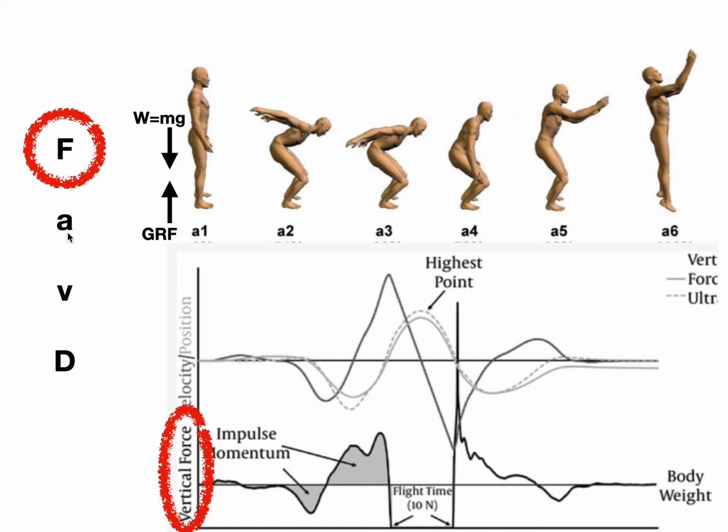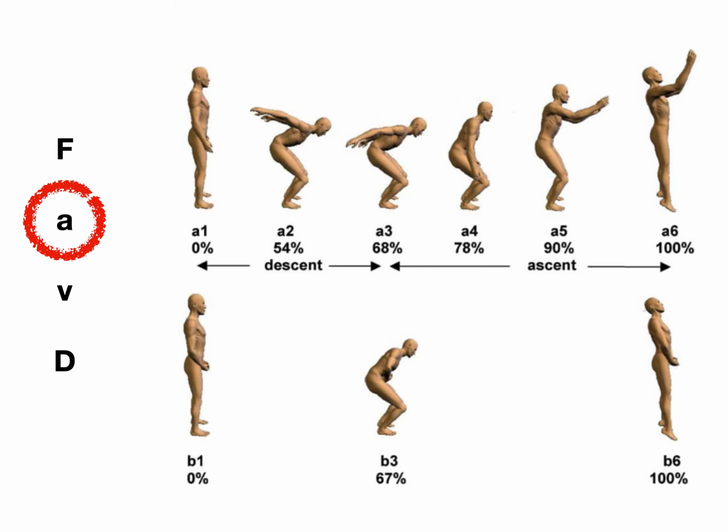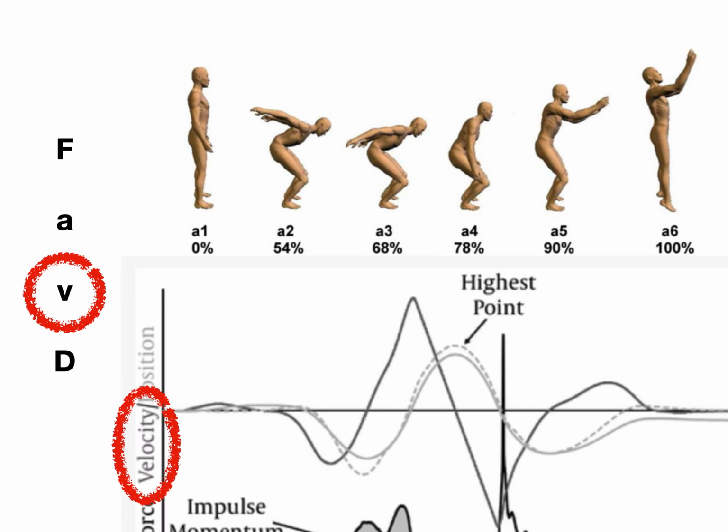So ground reaction force is actually larger than your weight at this phase. Okay, and the acceleration will have the same trend as force. And then for velocity, this is the curve for velocity, this one. So you can see initially there is no velocity, but then at the descending phase, velocity is going down.